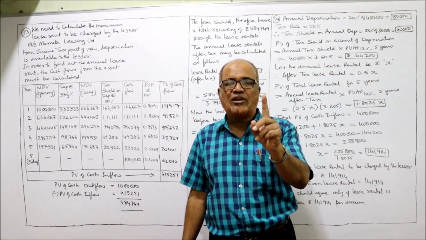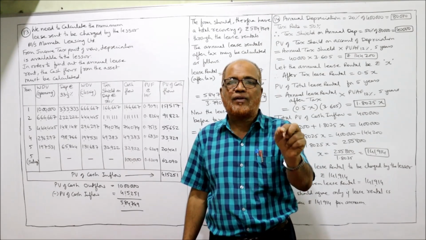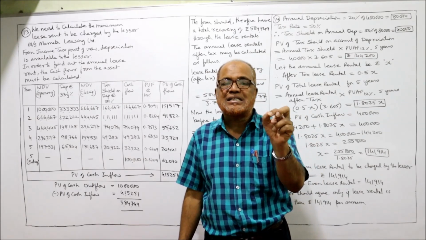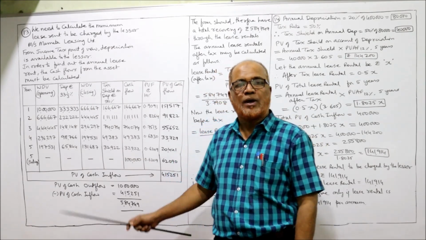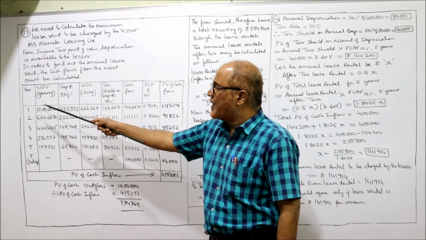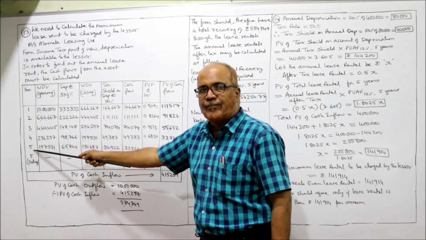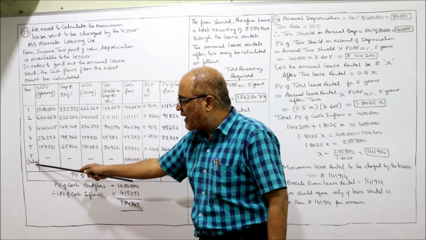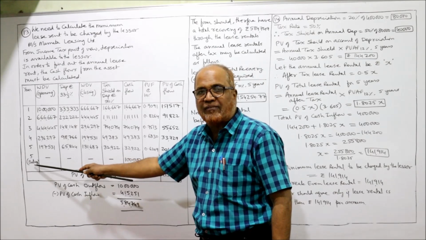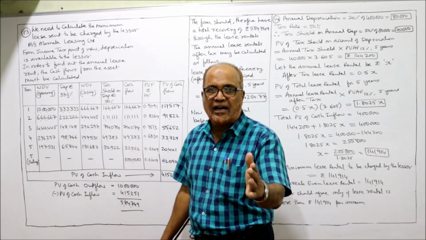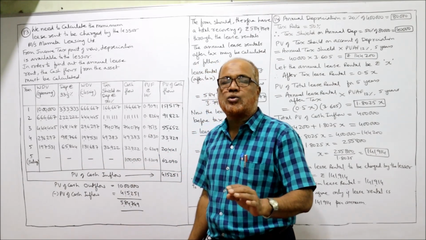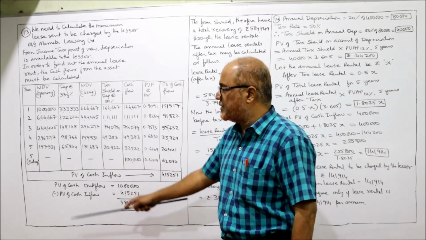The first cash inflow is benefit from depreciation, tax shield from depreciation. So first of all, I'll calculate depreciation. Year 1, 2, 3, 4, 5. And in the 5th year I have taken a provision of salvage value. At the 5th year end, the lessor is going to get the salvage value of 1 lakh rupees.